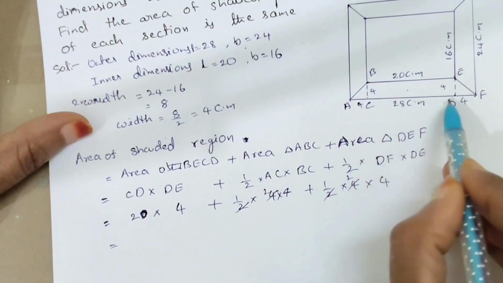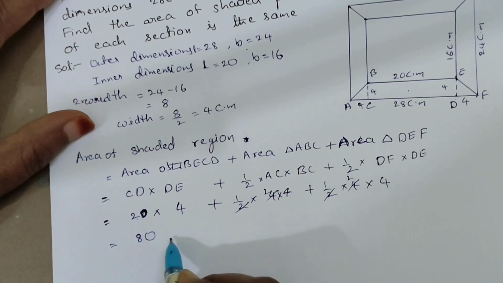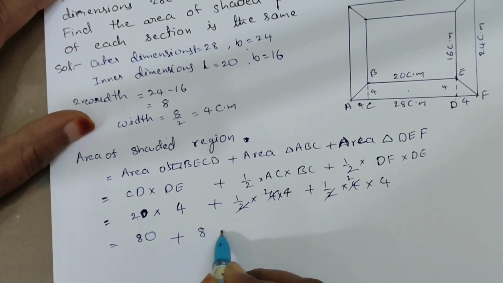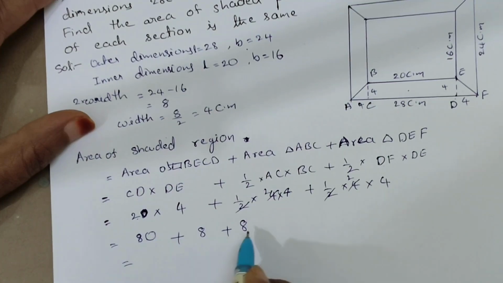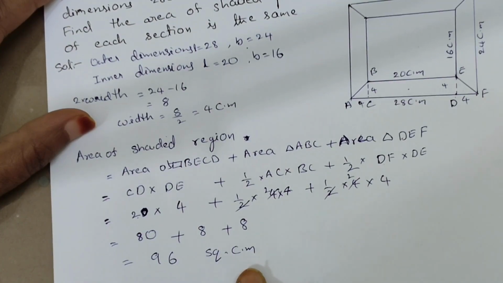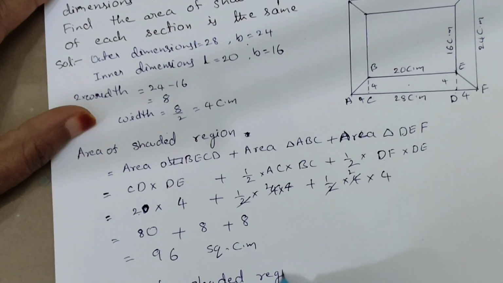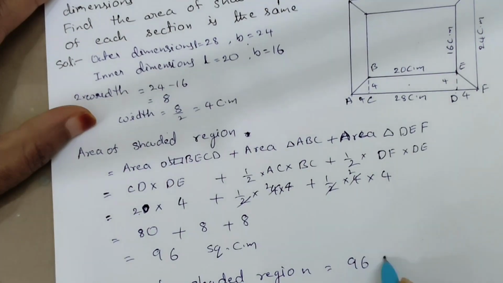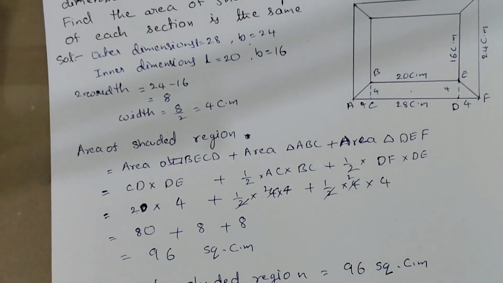So we take CD as 20. So 20 into 4 is 80, plus 2 fours are 8, plus 2 fours are 8. 80 plus 16 is 96 square centimeters. Area of shaded region is equal to 96 square centimeters. So this is the fourth one's answer.